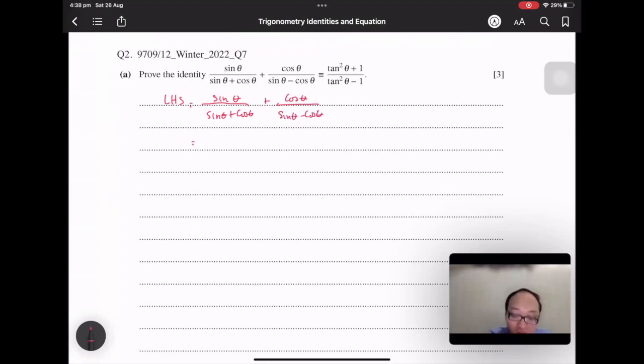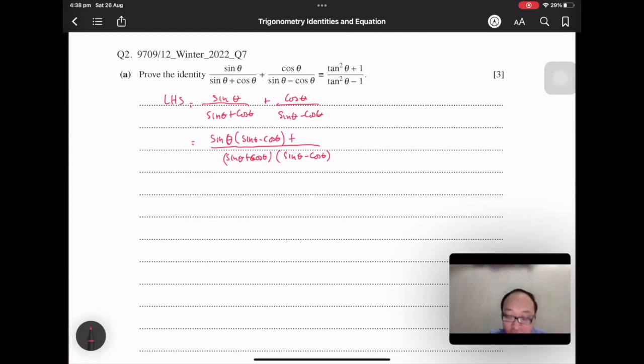From here, I can make the denominator the same, so it's sin theta plus cos theta times sin theta minus cos theta. Because I multiplied the denominator, the numerator should be multiplied by sin theta minus cos theta.